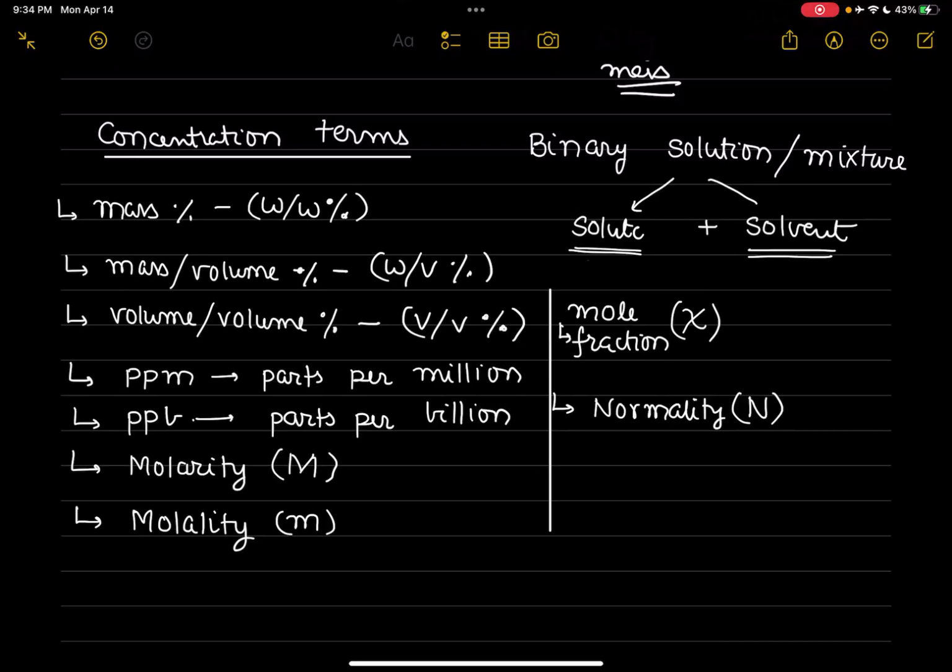These are the terms used to express the concentration of solute in solvent. Is it clear? I hope this is clear to you.